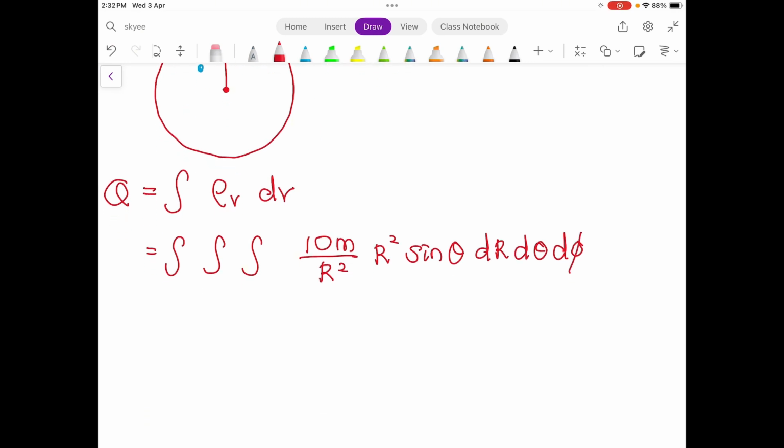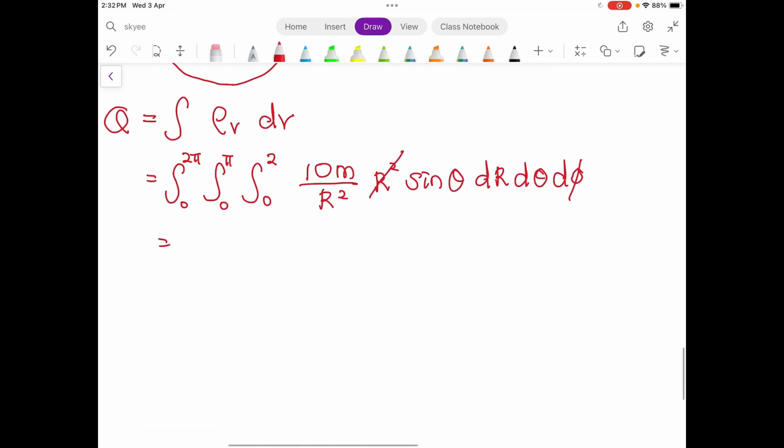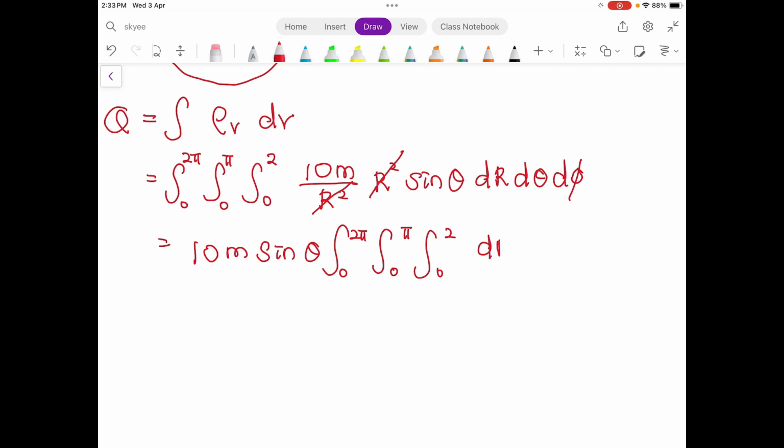The interval of R will be from 0 until 2, because this is the point where you want to find the flux. Theta will be 0 to pi, and 0 to 2 pi for phi. You can simplify it and take out the constants, 10 milli, and also the sine theta. Then you integrate dr, d theta, and d phi.